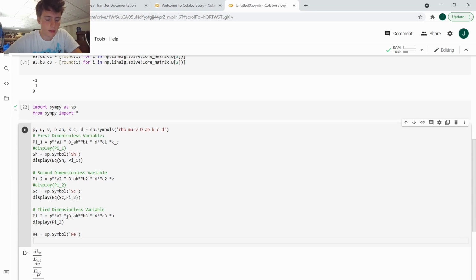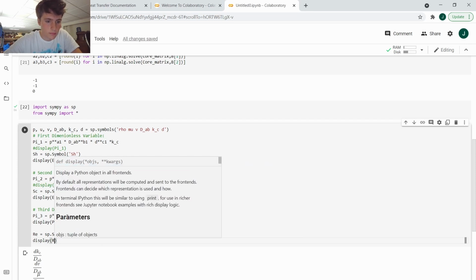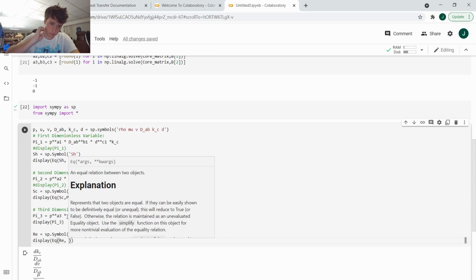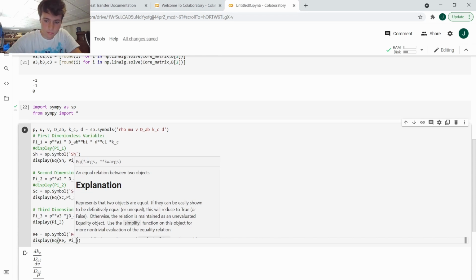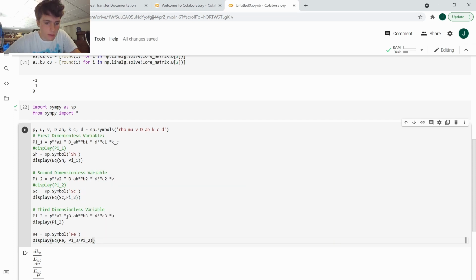Reynolds, and display Reynolds number is just equal to pi 2 over pi 3, like that.